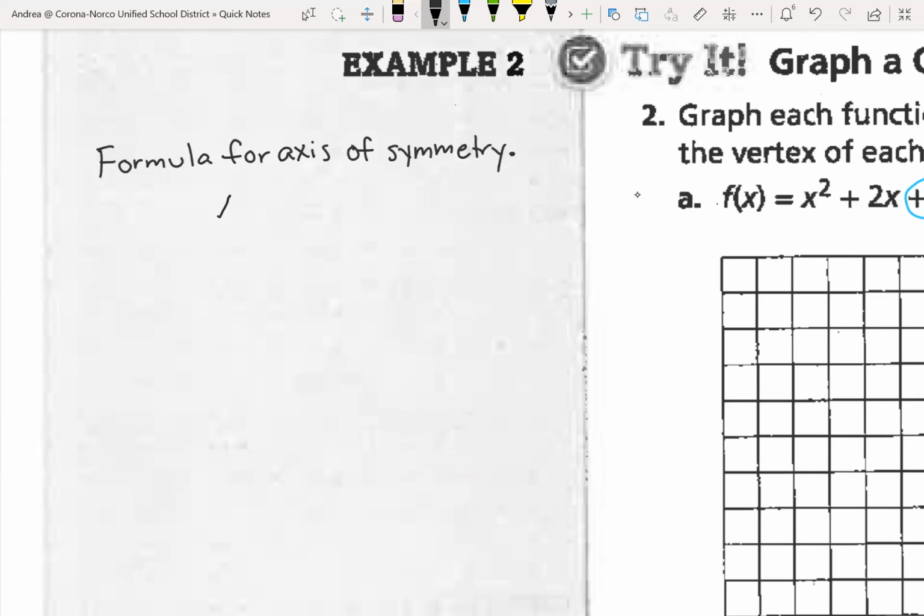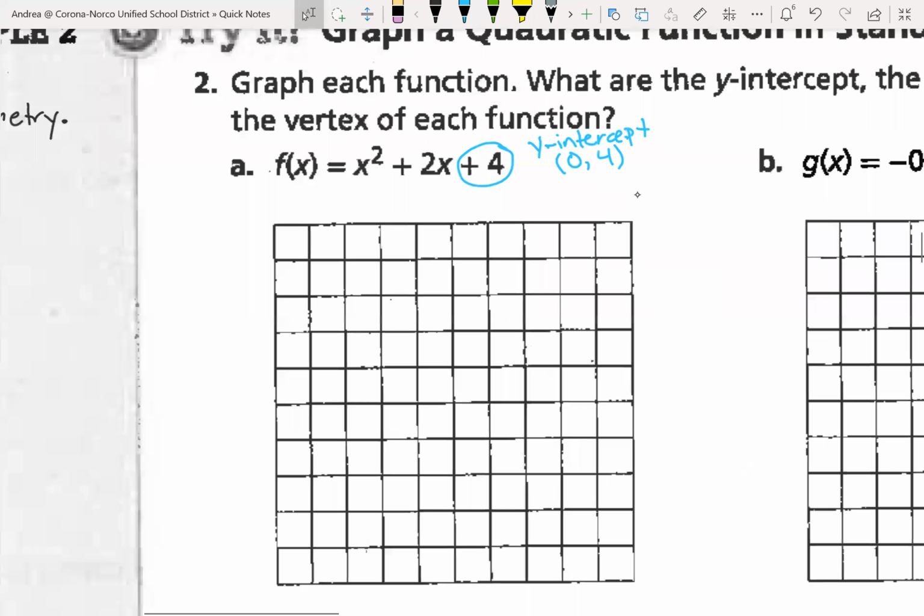It is x equals negative b over 2a. Okay. So over here, we need to know what to do here.